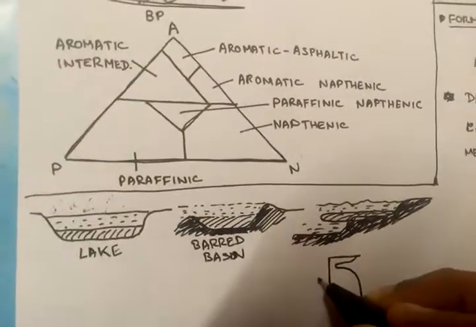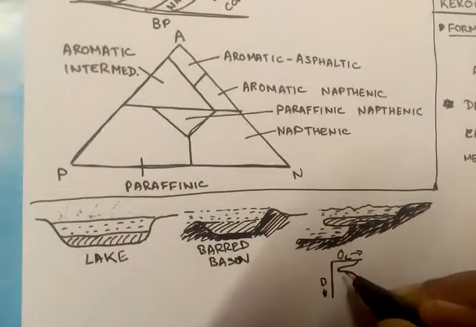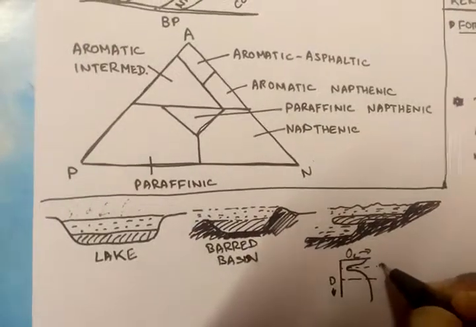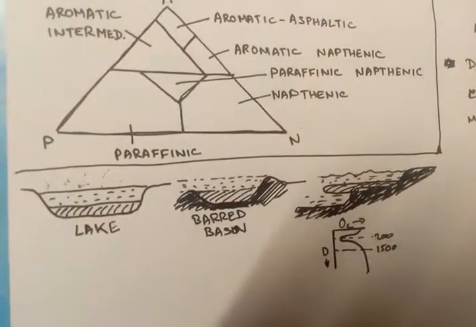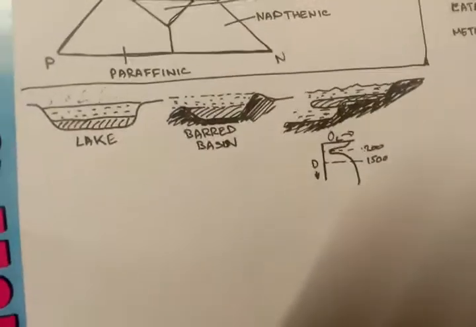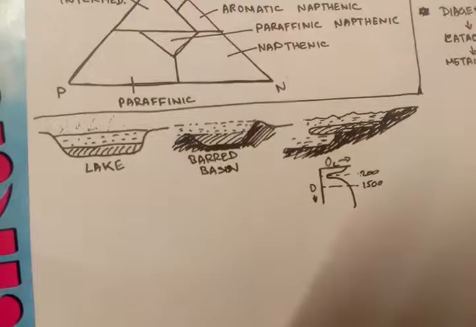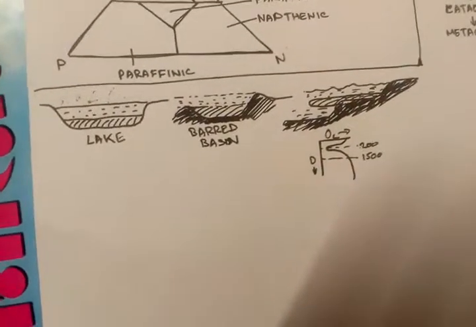This is depth, this is oxygen content. So this zone, 200 to 1500 meters, is a zone that is devoid of oxygen. So in these settings, this forms a reducing environment.